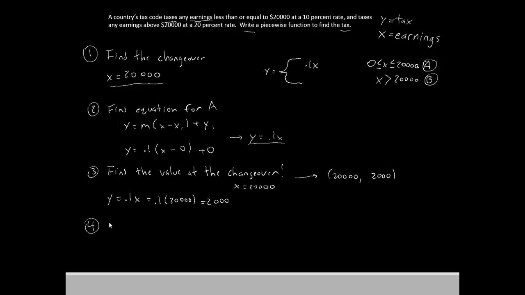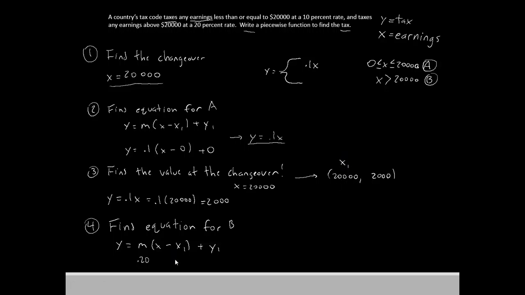That will be our fourth step, to find the equation for piece B. Once again, we'll start from our general form. y equals m times x minus x1 plus y1. But our m for this one is going to be a different percentage. It says in the question that our new m when we're above 20,000 is 20%, or 0.20 in decimal form. Our x1 will be the x value at the changeover.